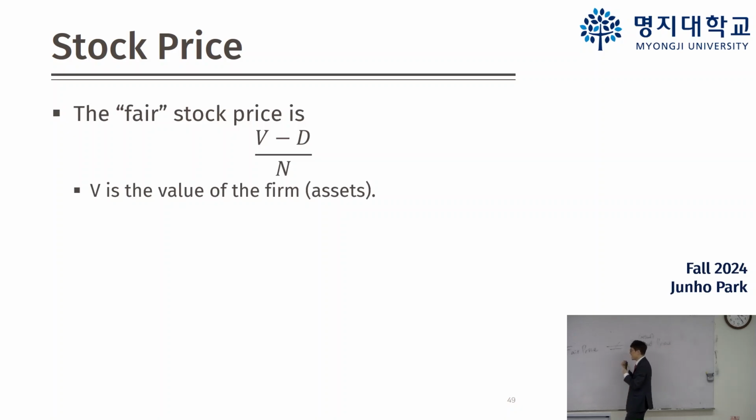So we can have two cases. First, the fair price is higher than the current price, and second, the fair price is lower than the current price. And let's say the fair price is higher than the current price.